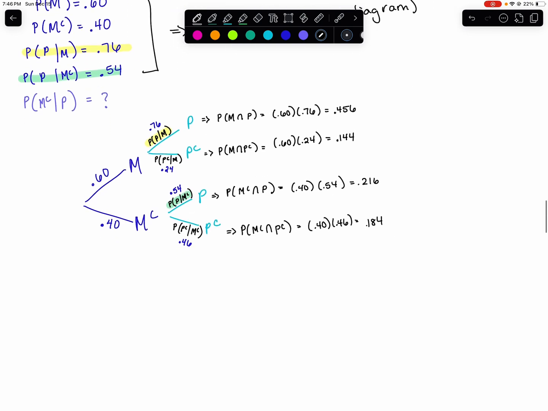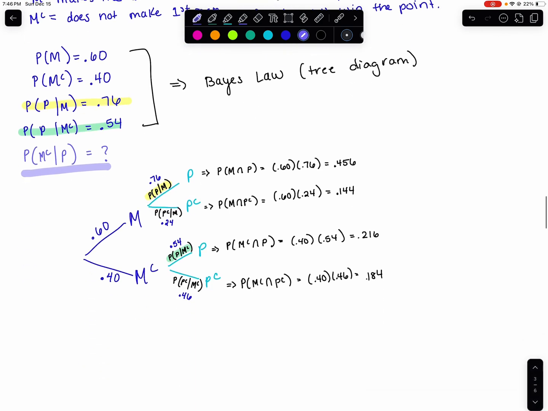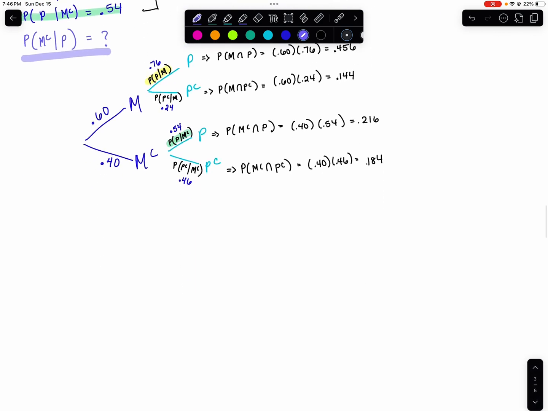All right, so there's my complete tree diagram. Now I'm ready to go and see what it is I need from this tree diagram. So remember, our question is asking us this right here. What is the probability that he missed the first serve given that he got the point? All right, so let me come down here.